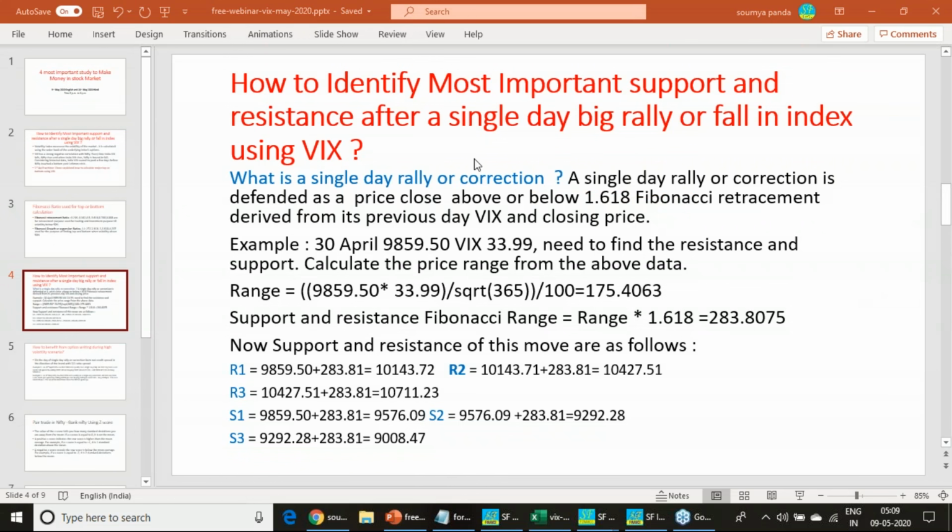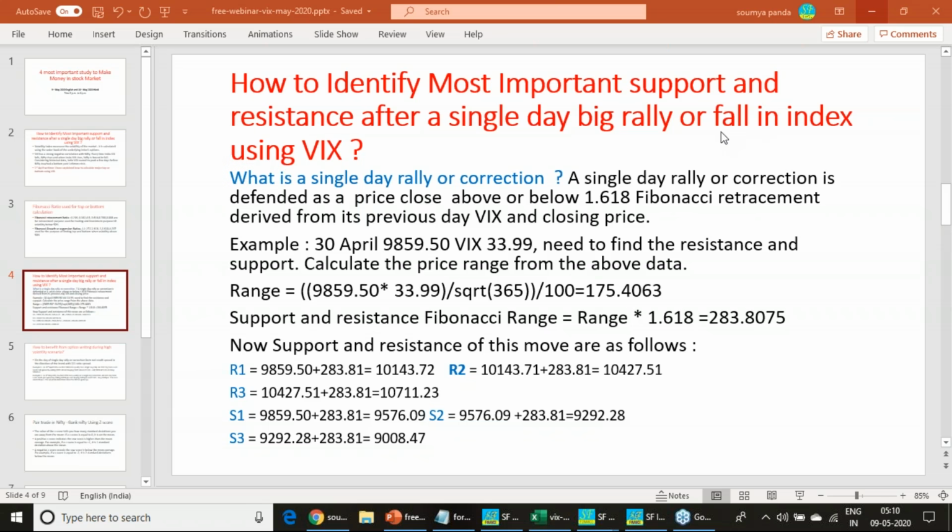Here, how to identify the most important supports and resistances after a single day rally or fall. VIX is a great subject. If you concentrate on it a little, you can understand many new things.